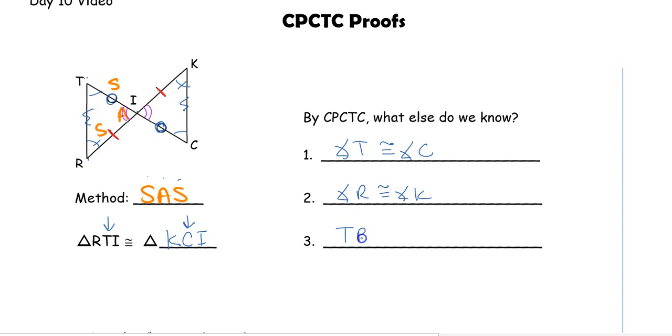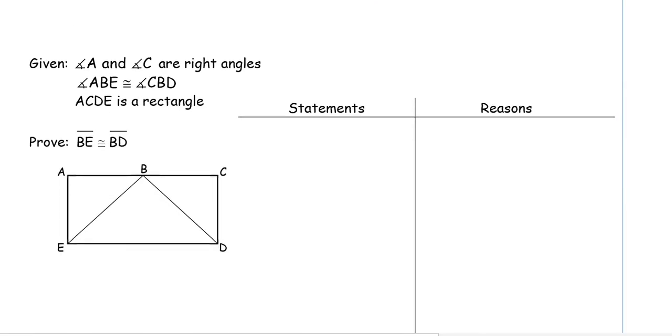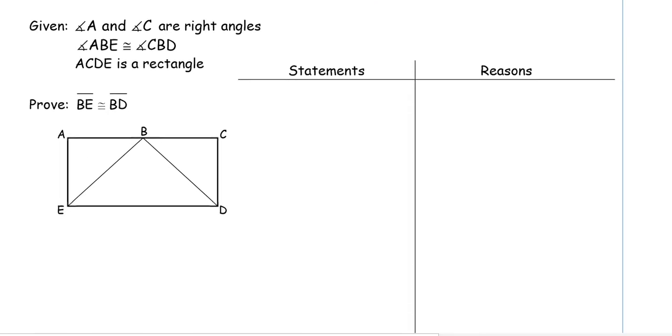So I know that segment TR is congruent to segment CK. So remember, we need three pieces to prove the triangles congruent. Once we have the triangles congruent, because all corresponding parts of congruent triangles are congruent, I get the next three pieces for free. So let's apply this to our proof.